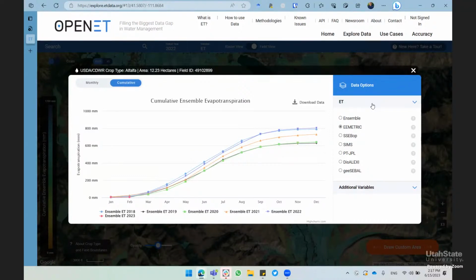Is that farmer doing good or doing bad? If the total ET for the season is one value, the irrigation water is another value, I divide the two values. The result is 0.8. Is that farm doing well or not? Why not?